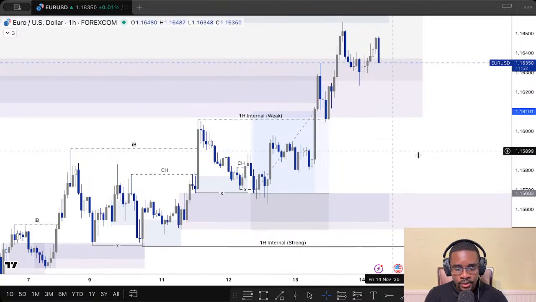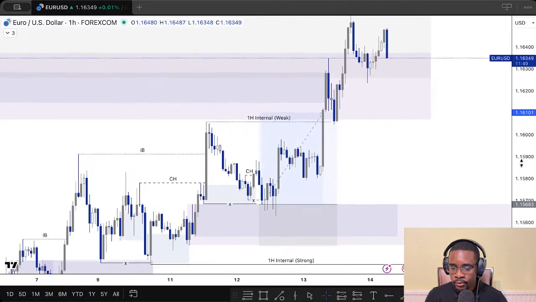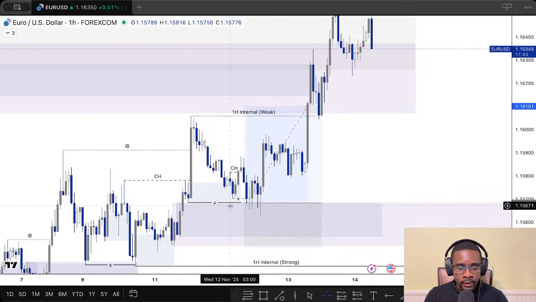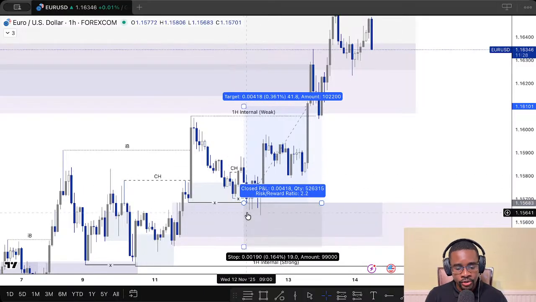What I've been noticing is that we should be waiting for what I will call a double inducement on the pullback leg. In this case we had a pullback right into this demand zone, and then a strong low where we had a chalk bullish, and then that chalk switched bearish again.